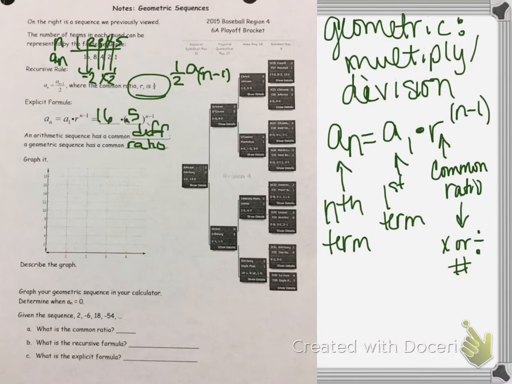So if we graph this, this is going to look different than when we graphed our arithmetic. So we have our teams and we have our term number here. So we're starting with 1 is 16, 2 now is only 8, 3 is going to be 4, 4 is going to be 2, and then finally at the 5th term we have only one team.